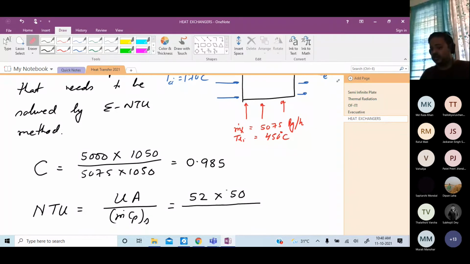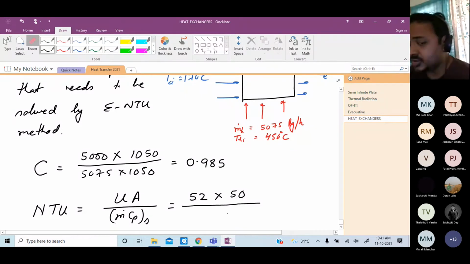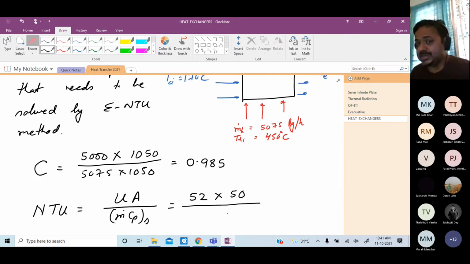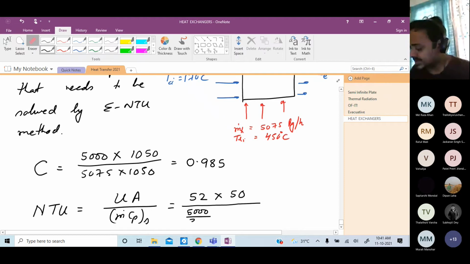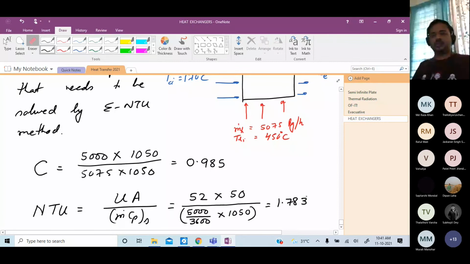Denominator, however, you have to convert to SI units. I have given you kg per hour, so please convert that to kg per second. So m dot is 5000 by 3600 times 1050. This is important, 3600 is important. This turns out to be 1.783.